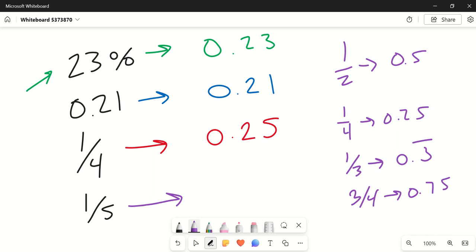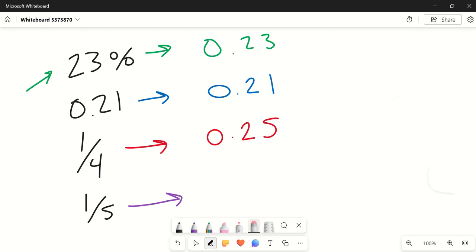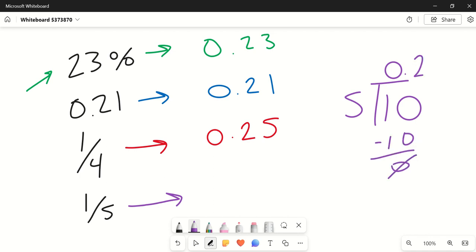Now 1/5 is going to be one of these you want to add into your notes. We're going to do 1 divided by 5. 5 will not go into 1. Decimal, 0. 5 goes into 10 twice. And that's it. So 1/5 will be the same thing as saying 0.2.